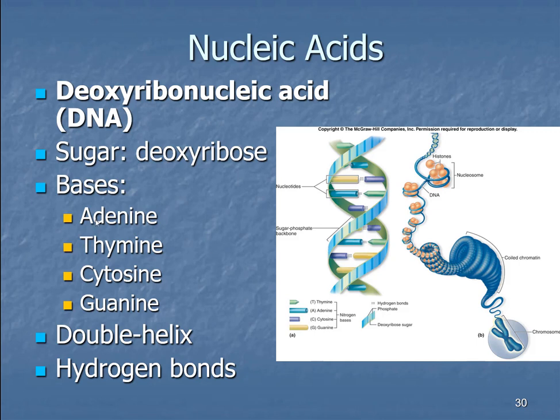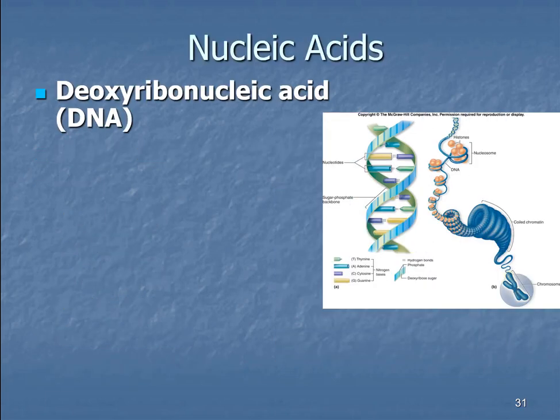The bases link together in a very specific fashion: adenine on one strand will always bind to thymine on the other strand, and cytosine on one strand will always bind to guanine on the other strand. That's just always how it's going to be with DNA. So A binds to T, or T binds to A, C binds to G, or G to C.